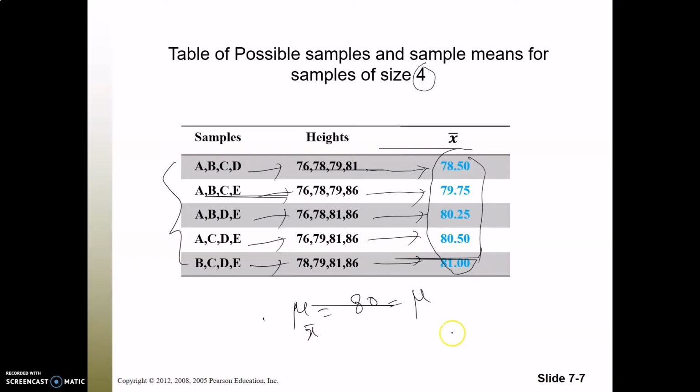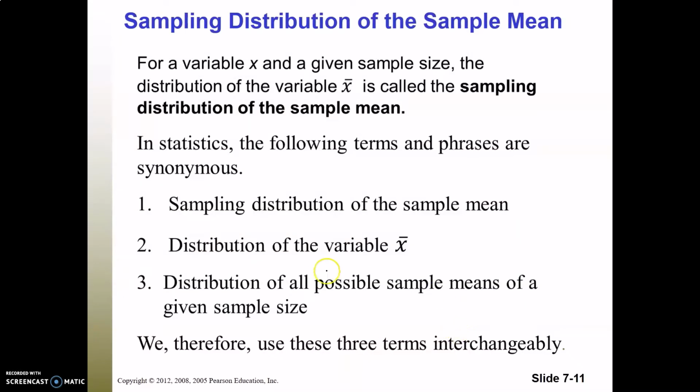Now let's see what else we have. We are now in a position to define the sampling distribution of the sample mean. Let us suppose we have a variable x and a distribution of the variable x bar.